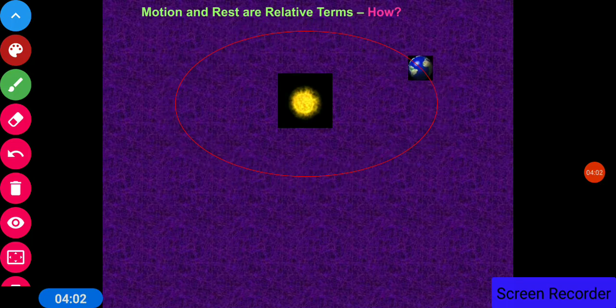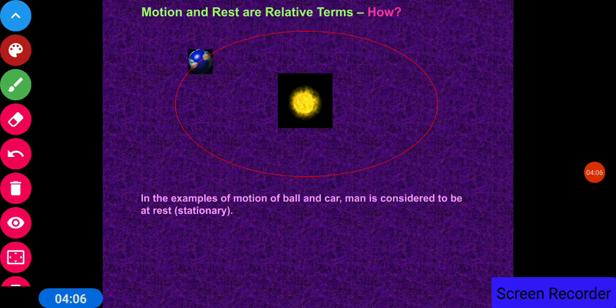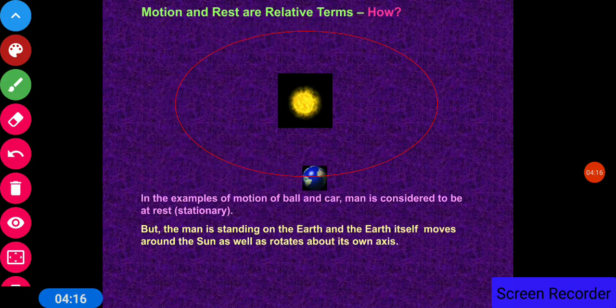Let us understand the same term again. In the example of motion of a ball and car, the man is considered to be at rest or stationary. But the man is standing on the earth, and the earth itself moves around the sun as well as rotates about its own axis.